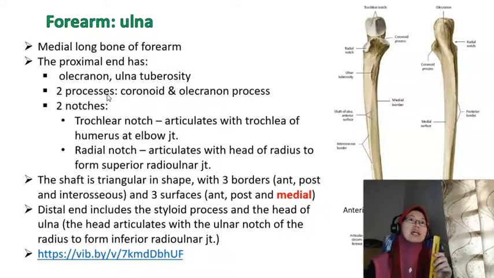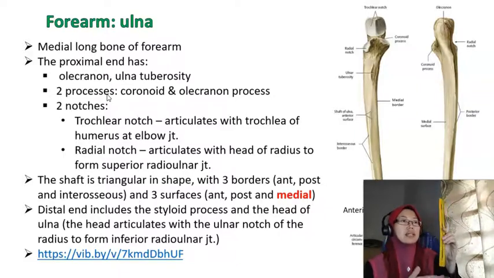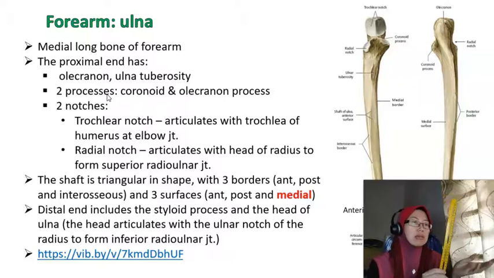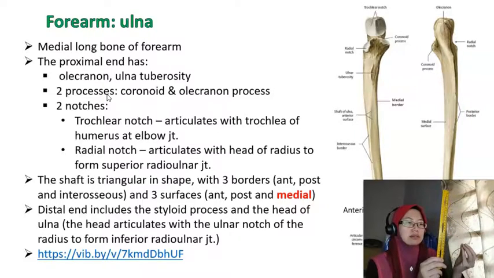And for distal end of ulna, it has styloid process, same as distal end of radius, which has a projection named styloid process.